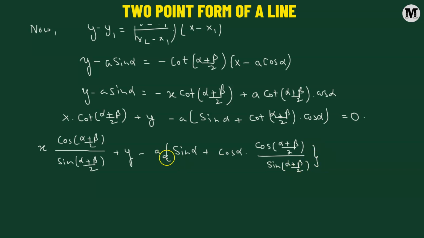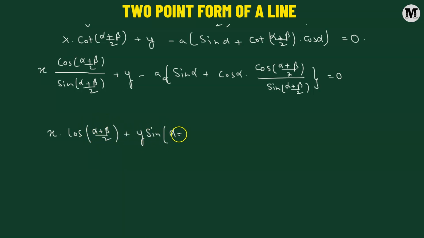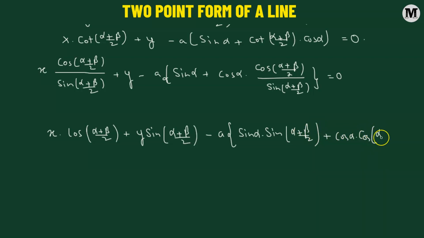That gives us x times cosine of alpha plus beta over 2 plus y times sine of alpha plus beta over 2 minus a multiplied by sine alpha times sine of alpha plus beta over 2 plus cosine alpha times cosine of alpha plus beta over 2, equals 0.